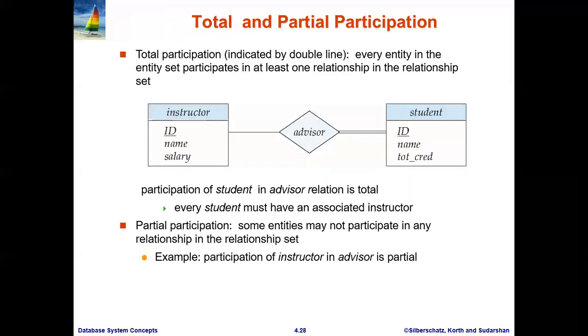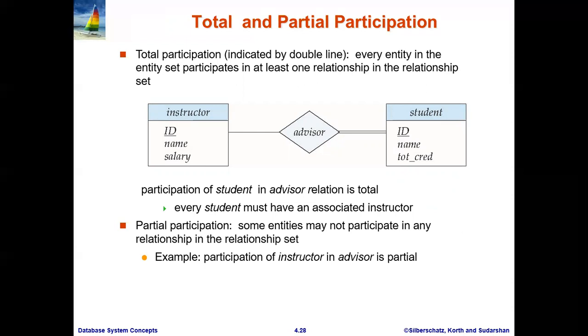Next is total and partial participation. Total participation is indicated by a double line in the ER diagram from the relationship set to the entity. Every entity in the entity set participates in at least one relationship in the relationship set.